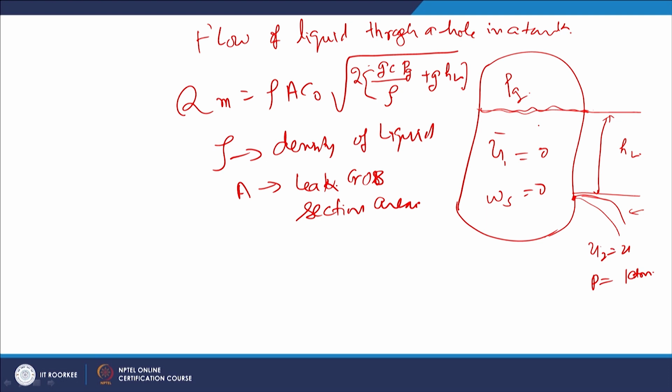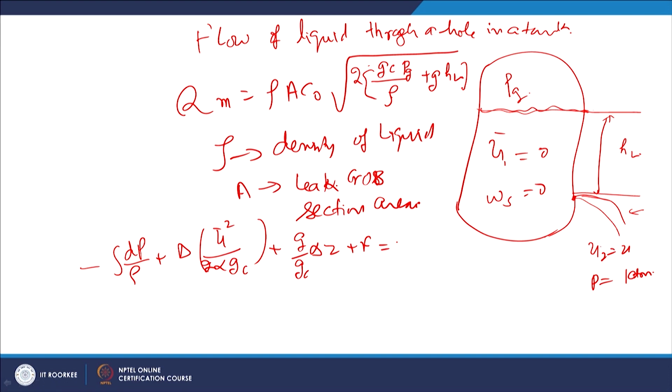So the mechanical energy balance equation is delta P upon rho plus delta bar u square upon 2 alpha gc plus g upon gc delta Z plus F is equal to minus Ws upon mass flow rate, minus delta P upon rho is equal to delta P. We have taken these assumptions previously.